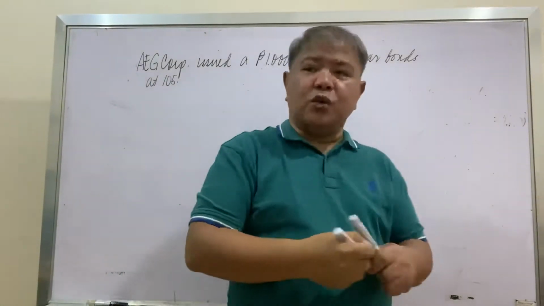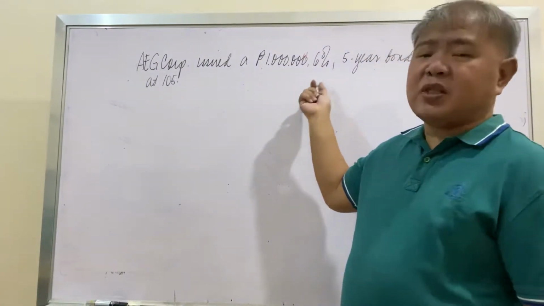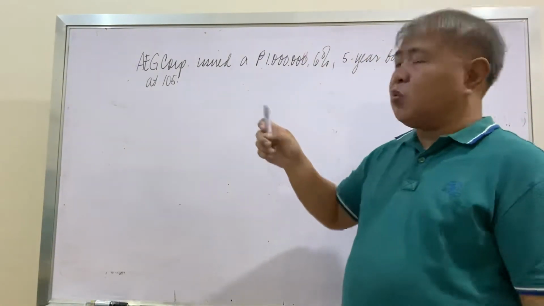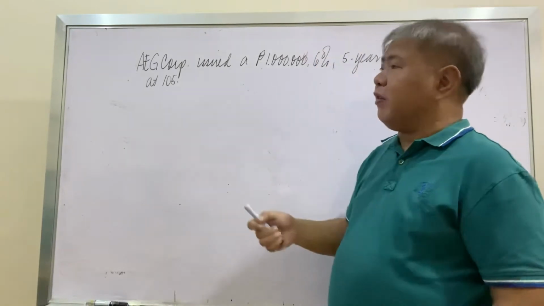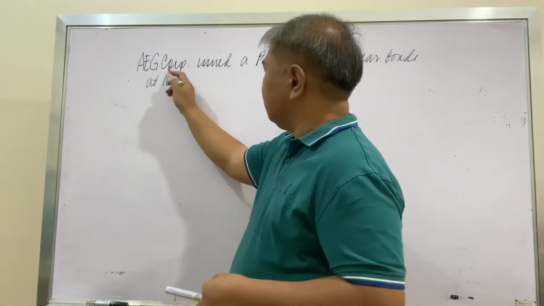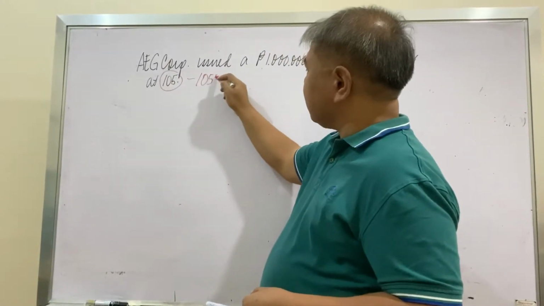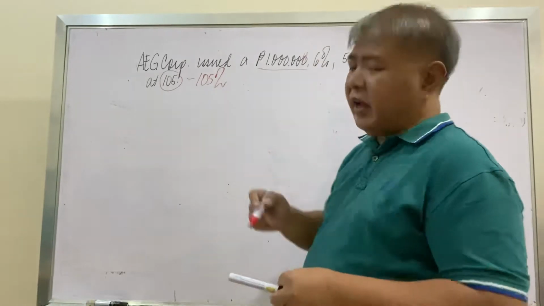Here we see that AEG issued 1 million 6% 5-year bonds at 105. When the price of the bonds is quoted this way, this is actually equal to 105% of the face value of the bonds.